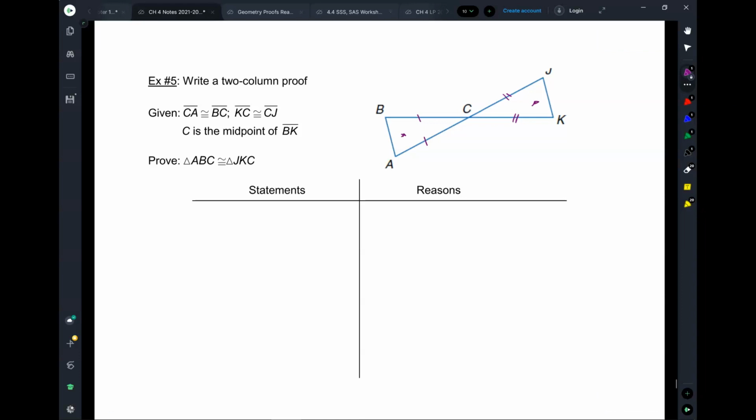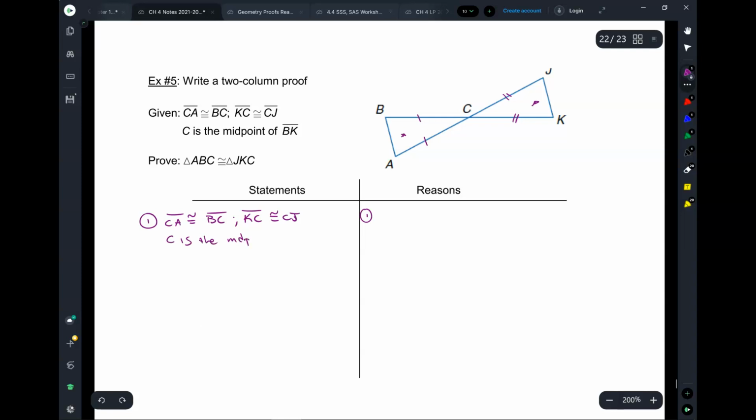So these are congruent the way I've labeled, but also C is the midpoint of these two, so it makes these also congruent. So it's like all these segments are congruent to each other. All right, so let's go with the given first. Oh, and also C is the midpoint of BK, given. All right, let's start with that midpoint.